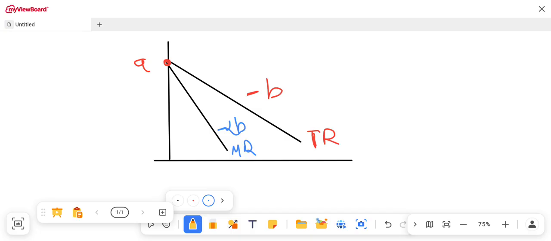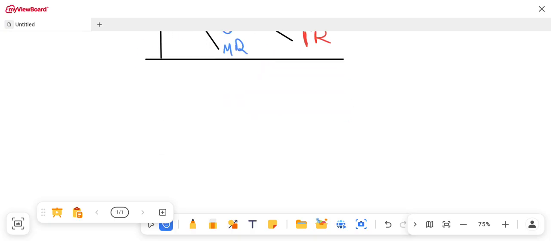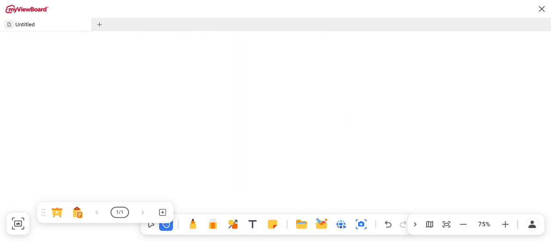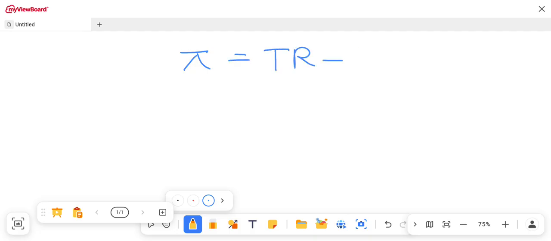Now we will determine the optimal level of output in monopoly, where price and output can be determined. Okay, so for that we want to know the profit maximization formula. Pi is the profit. The profit maximization formula is total revenue minus total cost.